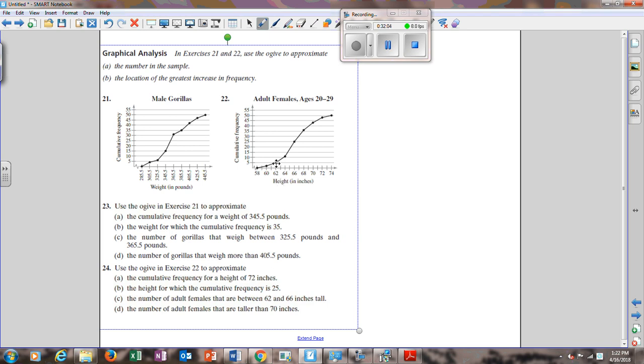There's 5 below 62. So you go up to 66, it's 25, so you do 25 minus 5. Number of adult females taller than 70. It looks like about 44, so you do 50 minus 44, gives you 6. So those ones aren't too bad at all. It's just interpreting what's on the graph.